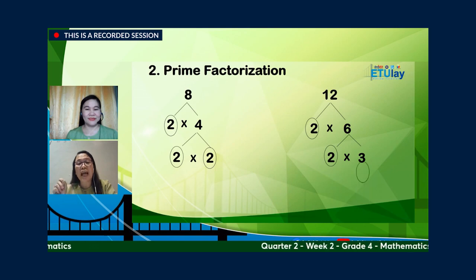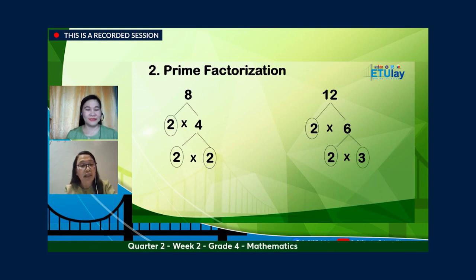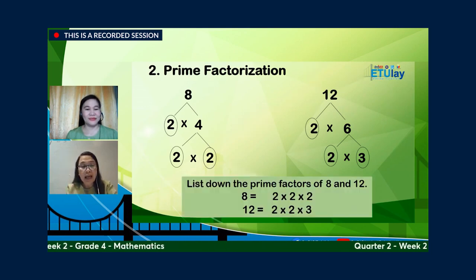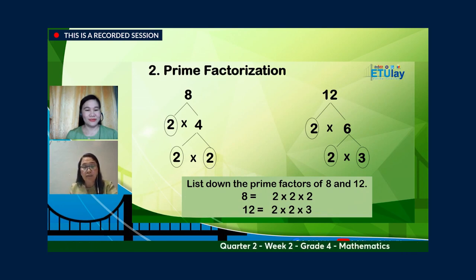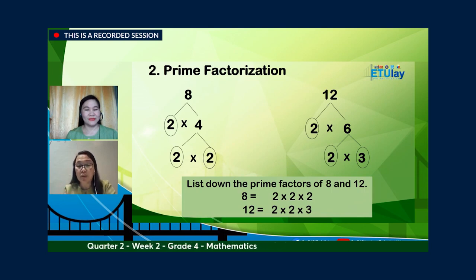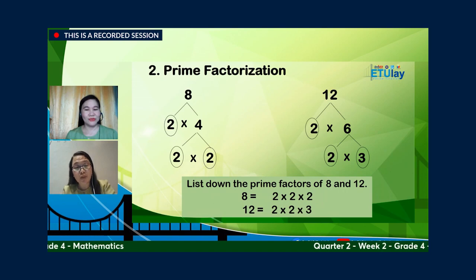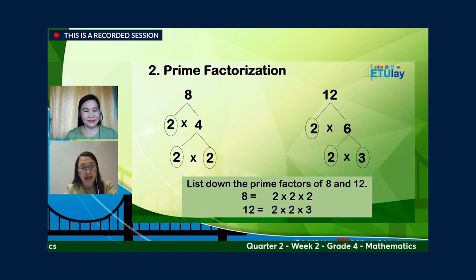So 2 times 2 times 3 is the prime factorization of 12. So, list down the prime factors of 8 and 12. So, 8 is equal to 2 times 2 times 2, and 12 is equal to 2 times 2 times 3.